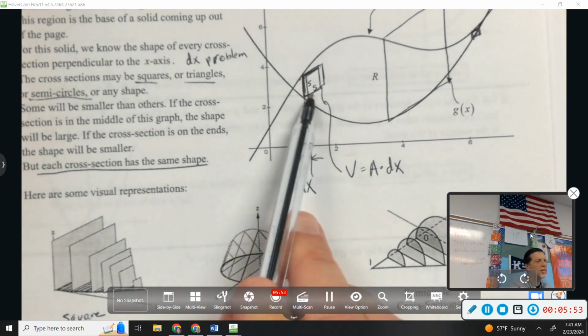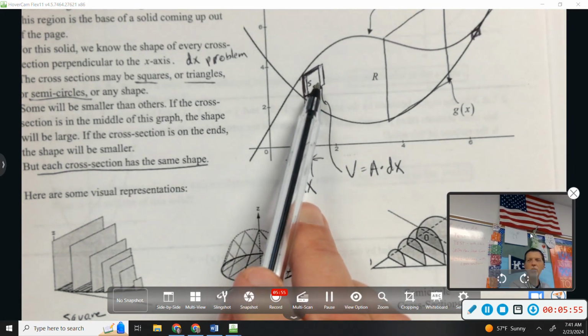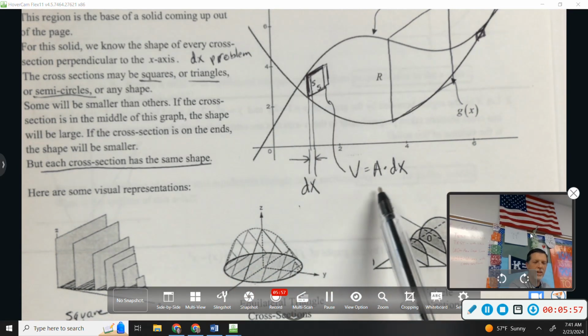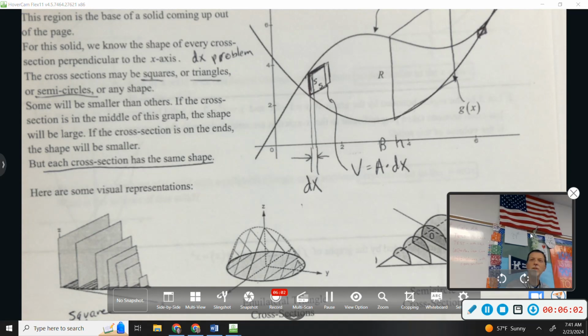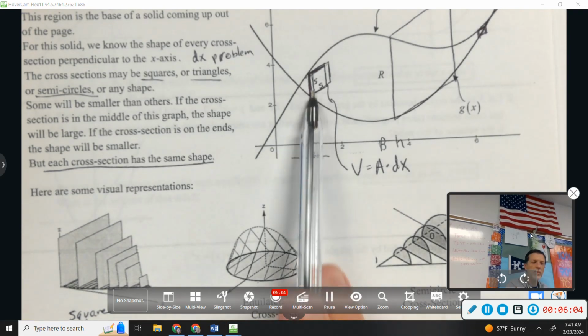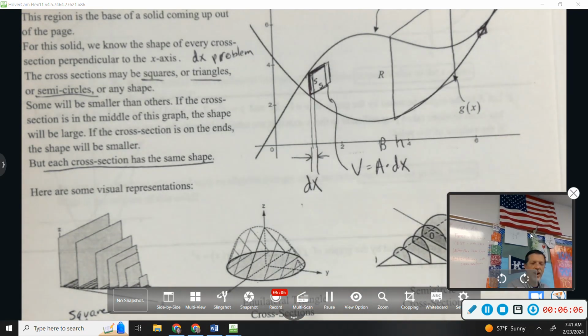Does that make sense? Good old volume formula, area of the base times the height. Capital B times H, from the old formula chart. It's just that our height is really small, it's a dx.